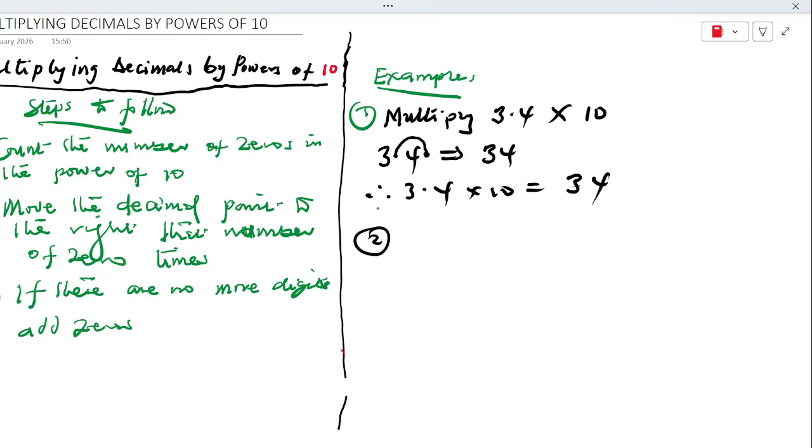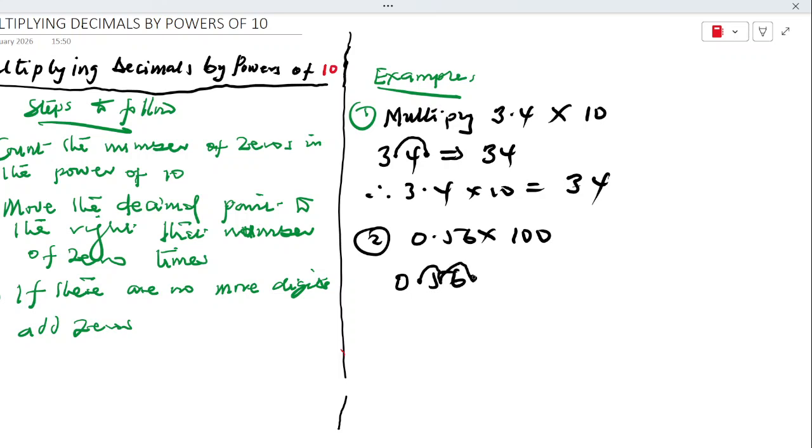All right. Example number 2. It said what? Multiply 0.56 times what? 100. So we know 100 has what? 2 zeros. So you write 0.56. Then you stand on the decimal point. So because it has 2 zeros, you are going to move 2 times. So you have 1, 2.